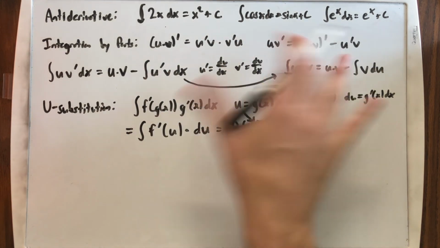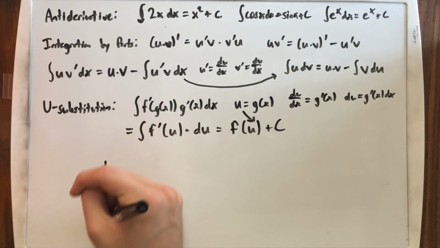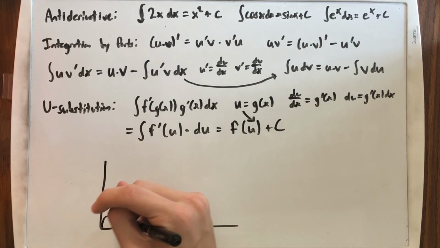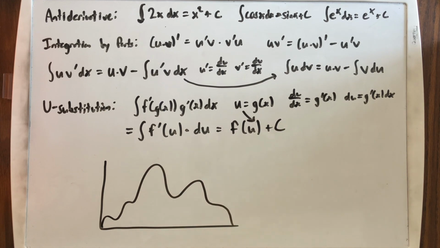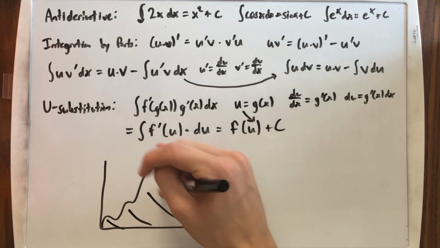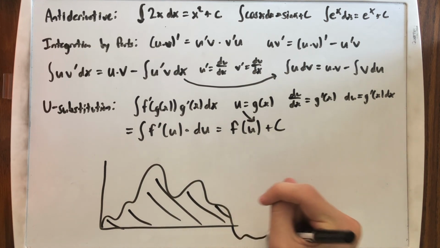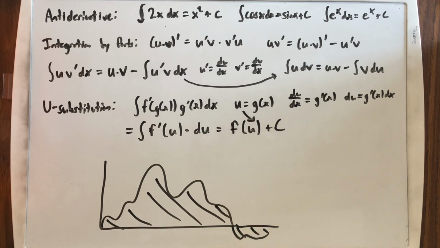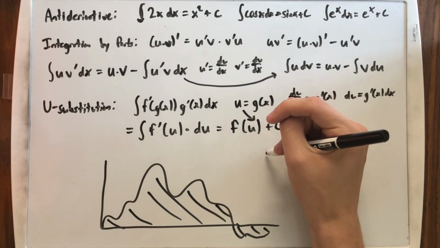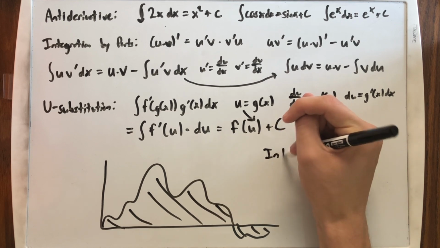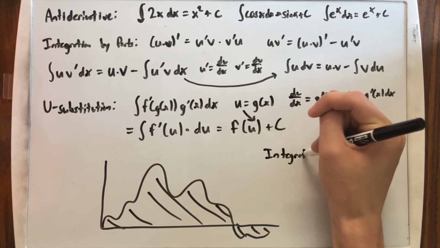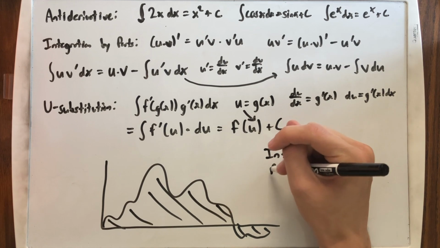Now think about what you're doing here when you're taking one of these antiderivatives. In reality, you're looking at a graph, some arbitrary graph, doesn't matter what the function is, and you're looking at what the area is underneath that graph. Of course, you can have negative bits as well, and those count as negative area, and you sum all those areas up. So you integrate in order to find a function.